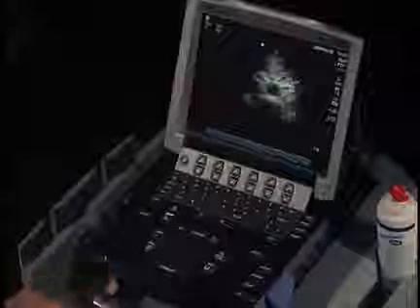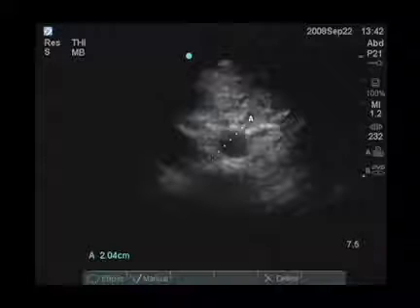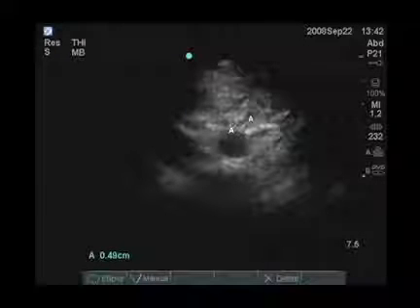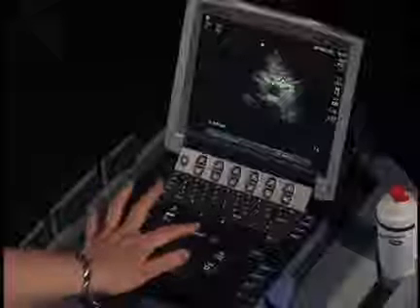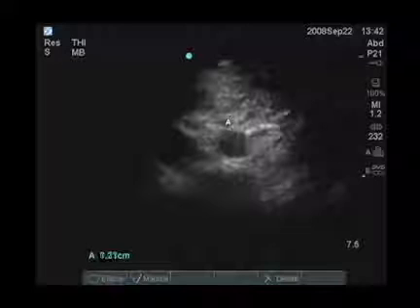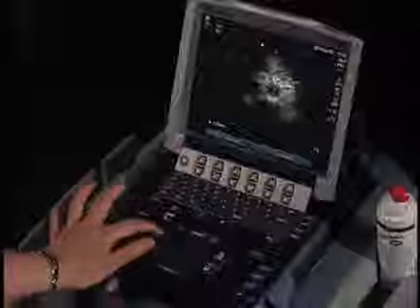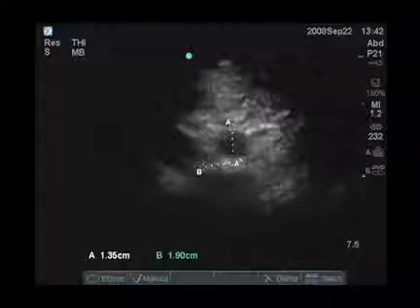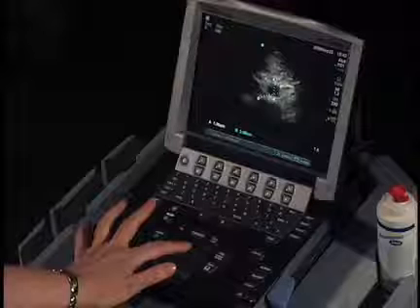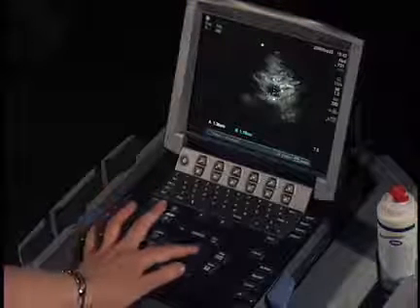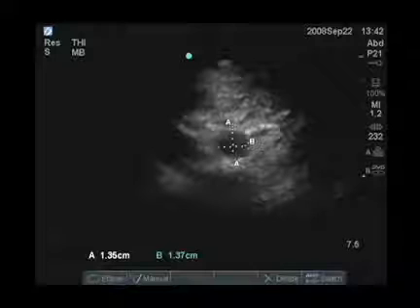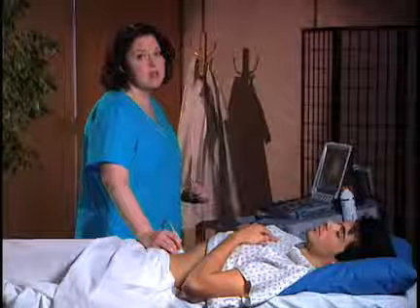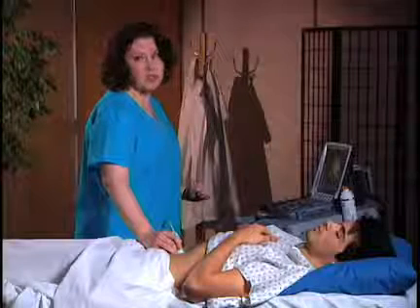So I will freeze and perform the same 2 measurements again. Anterior and transverse from outside wall to outside wall. And that is the completion of the measurements you need to do for the abdominal aortic exam.